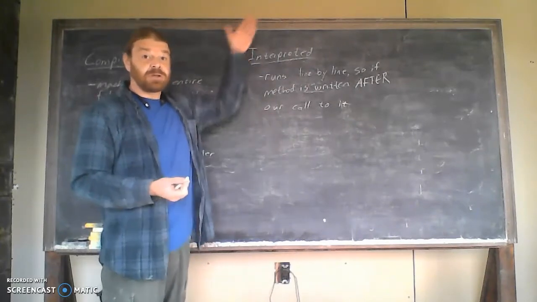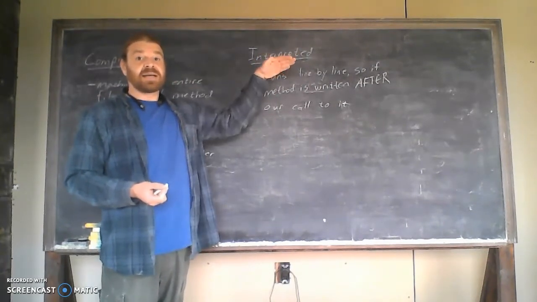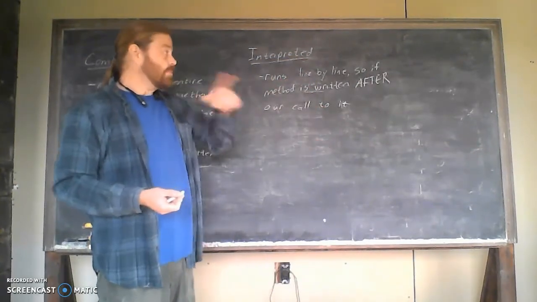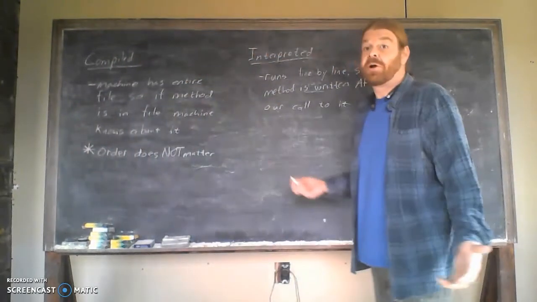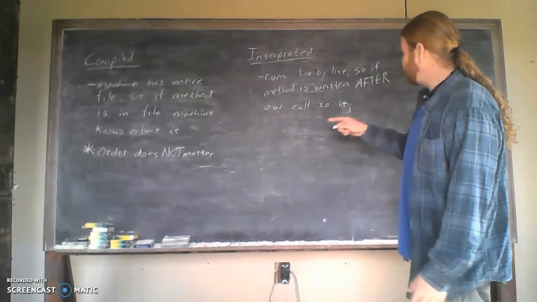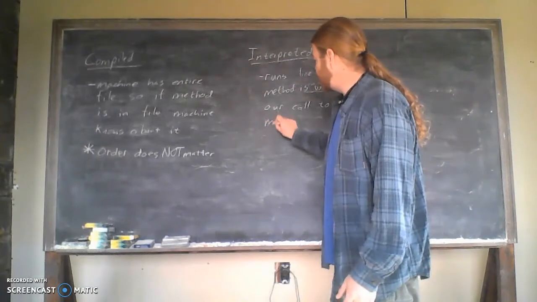Because the machine starts at the top, first line, does all that, then goes to the second line, does all that, goes to the third line, does all that. So if it's written after our call, the machine will not know about it because it hasn't gotten to it yet.